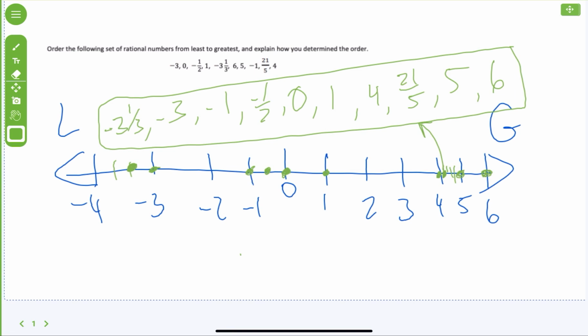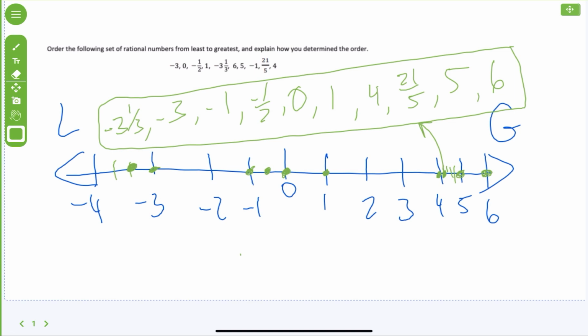And where we had to, like our -3 1/3, we went from -3 to -4, and we broke that segment up into thirds. And then where we had our 21/5, instead of doing all of the positive integers by fifths, we said we know that it's going to be 4 1/5, so we just broke up between 4 and 5 into fifths and plotted that one there.